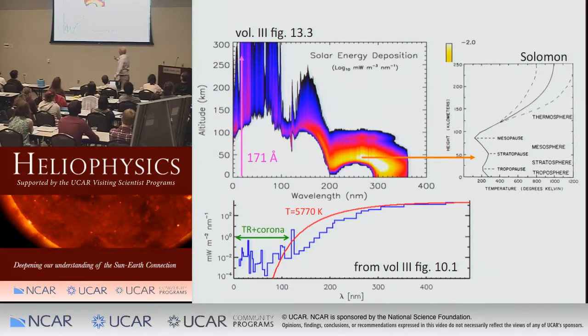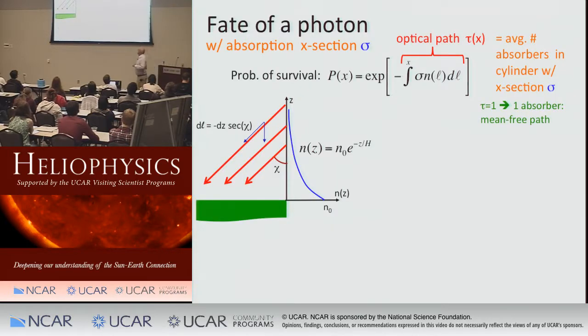But we've already talked about that, so let's talk about why all this absorption is going on in the X-rays and EUV region and also some in the ultraviolet region. And for this, I'm going to start doing a little simple mathematics. If I am a photon, Dana's favorite 171 angstrom photon, going to show him beautiful images of the corona, traveling through the atmosphere, and I'm not observing at noon, so the photons are coming along a path that's inclined to the vertical by some angle chi.